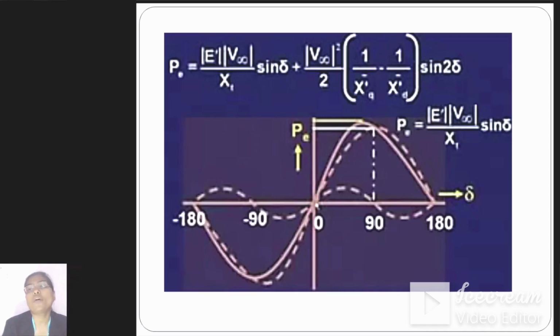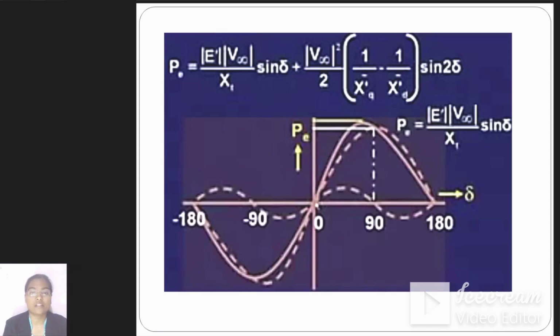Also, one more point in this is, up till 90 degrees, your synchronizing coefficient, that is P max cos delta, the slope of the power angle equation, is going to be positive. From 0 to 90, your curve is a bit linear in fashion, and so your synchronizing coefficient is also linear.